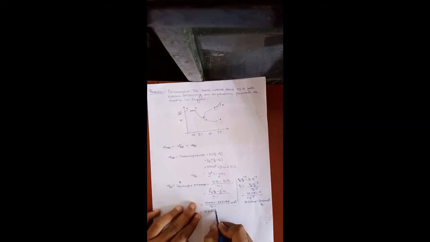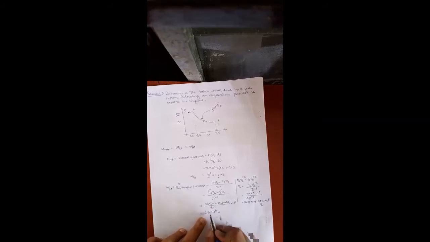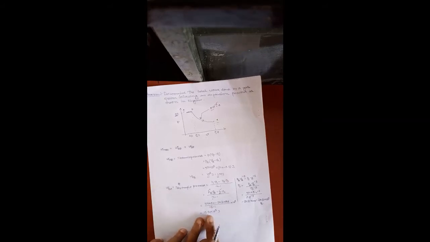So if you do the calculation, it will come 12.51 into 10 to the power 5 joule, or we can say 1.251 megajoule.